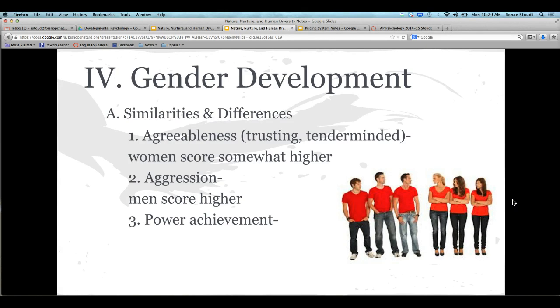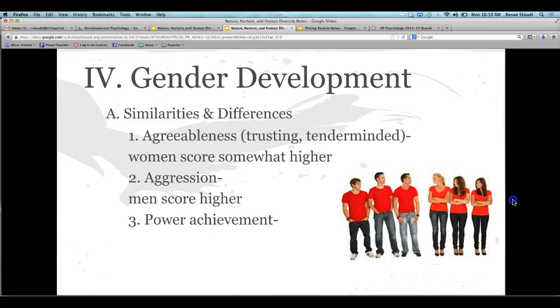Power achievement. This is interesting. This idea that we are trying to work towards getting more power. That could be in the sense of, in your job, trying to be the top dog. It could be in a relationship, having more say over what you're doing or where you're going.